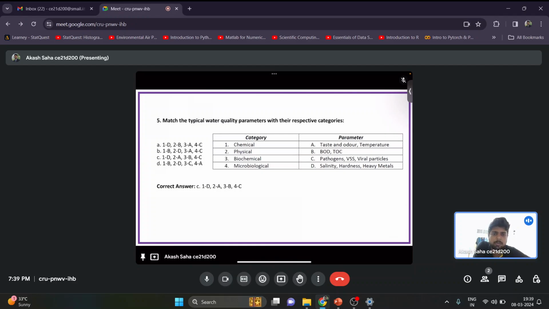For the microbiological parameters, we have pathogens, volatile suspended solids, and so on. Mostly the volatile suspended solids are a measure of biomass. This time we just match the correct category.